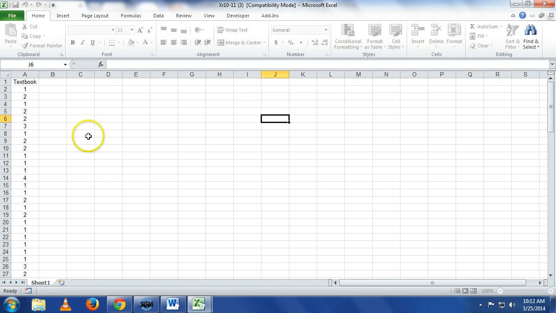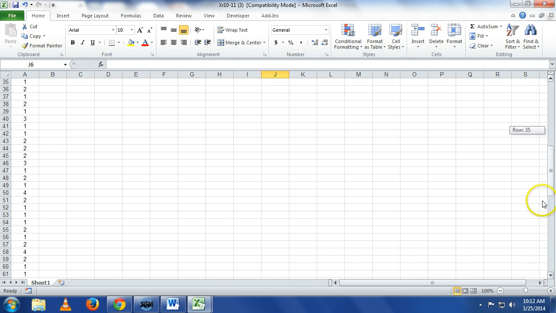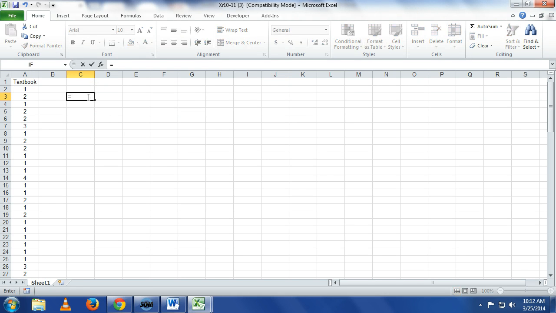A couple things I can look at and know right away is looks like my sample size is 100, right? N is equal to 100, because there's 100 samples in here. 4 means excellent. So I want to count the number of 4s. So I can do it a couple different ways. I can sort it. I can do a COUNTIF. Let's do a COUNTIF.